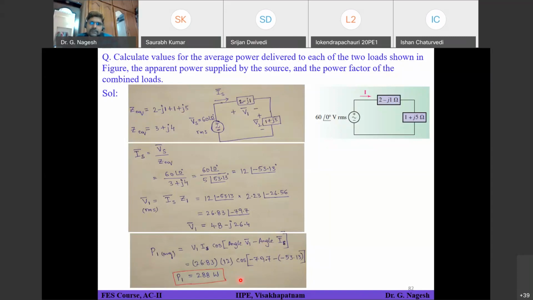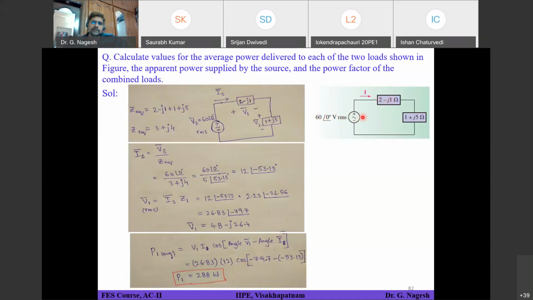Did you calculate voltage V2? Yes, sir. So something like 61 point something, at the angle of 25.56. Let's see that. So you have the source voltage of 60 at an angle of 0 degrees, and you know the voltage V1.